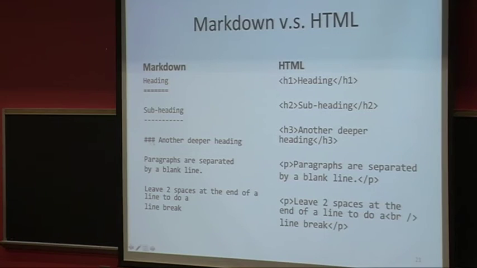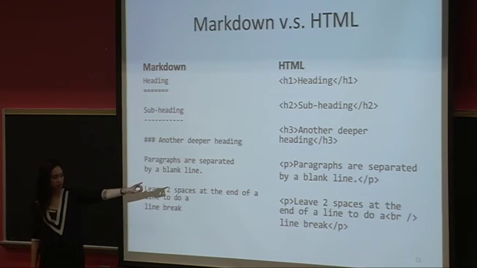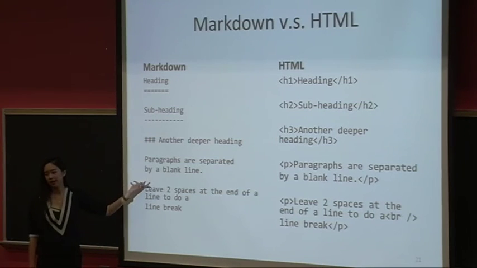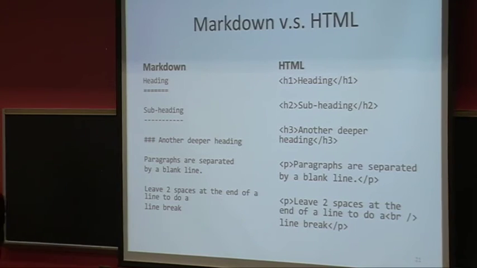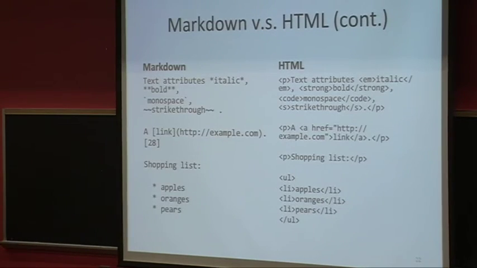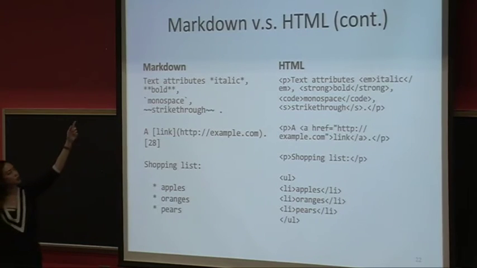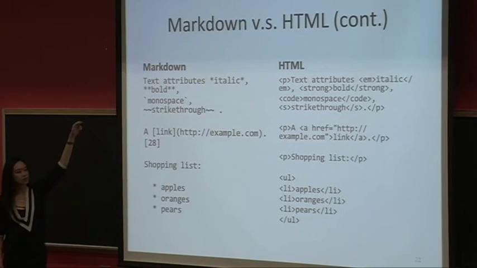If you put 3 of these, you're saying that's the third heading of this document. When you want to put paragraphs in HTML, you need the P tags, but here you just need an extra blank line. Then it knows this is a whole paragraph. A little more: when you want bold, you just put 2 star signs around it.